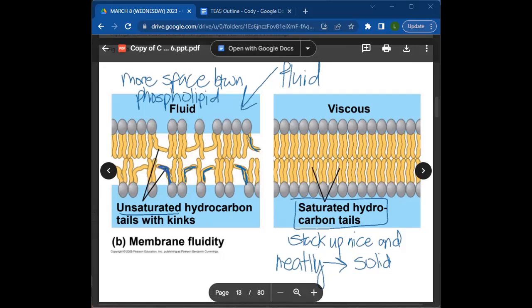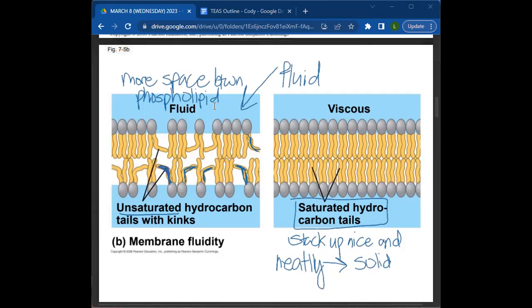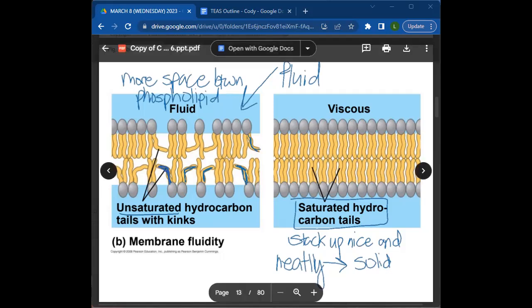Then cell membranes that are made up of unsaturated fatty acid tails will tend to have a bent shape to them, and that will actually prevent them from becoming a solid.